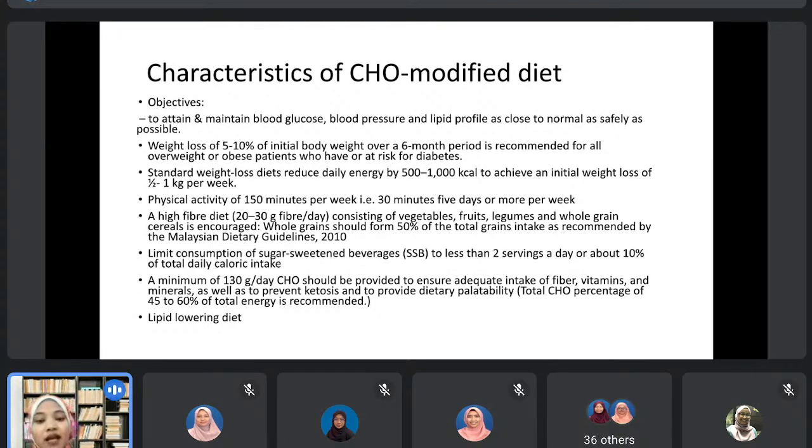So maksudnya let's say lah, kalau 10%, okay, 10%, let's say lah kita berikan 2,000. So 10% berapa? 200. So 200. So kalau 200 kalori, berapa serving of sugar? Satu serving sugar berapa kalori?